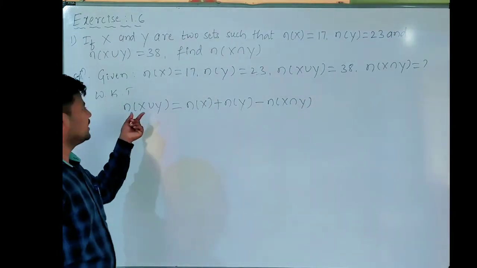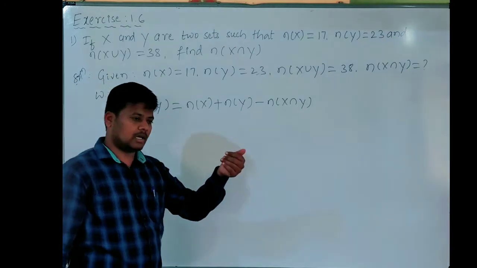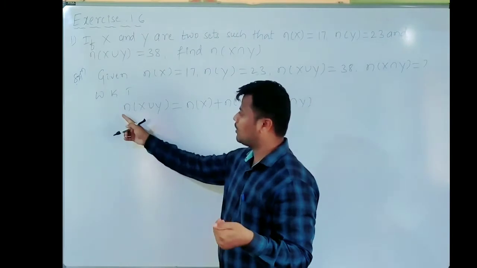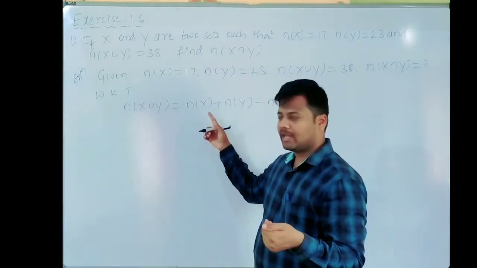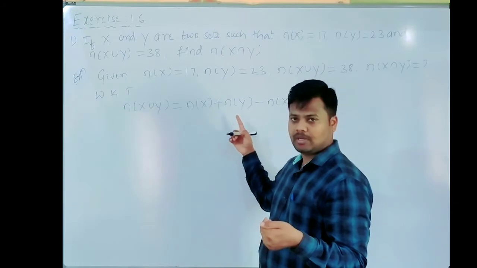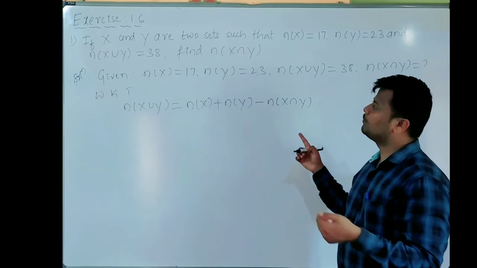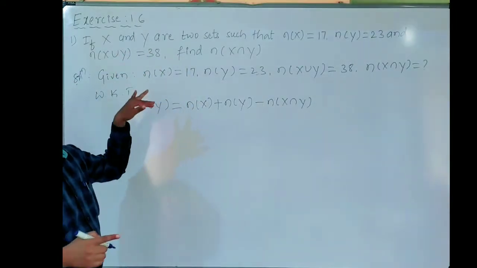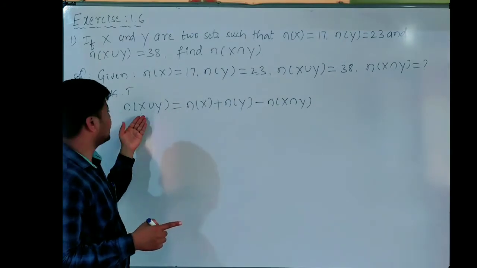In the previous class I took A and B as the two sets, so n of A union B equals n of A plus n of B minus n of A intersection B. But here x and y are the two sets, so I have changed A and B to x and y.